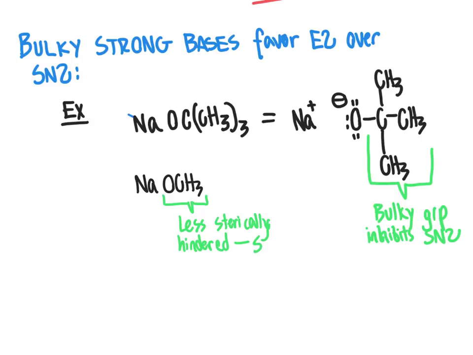And so SN2 is going to be relatively more favorable than if we were working with the tert butoxide.